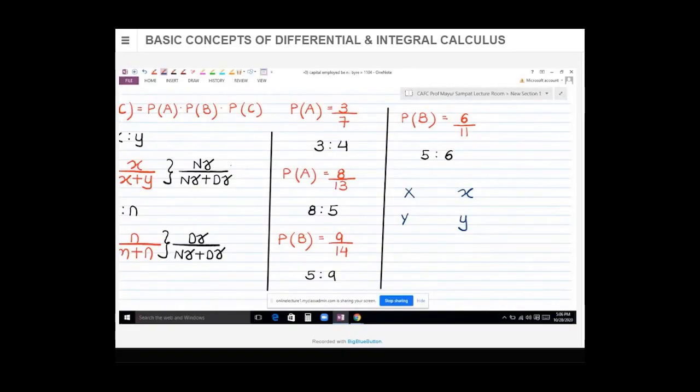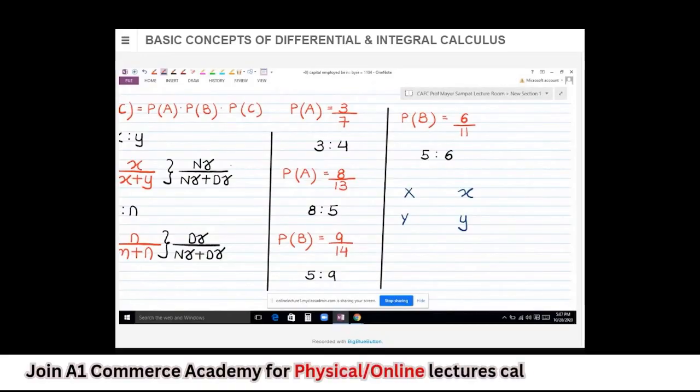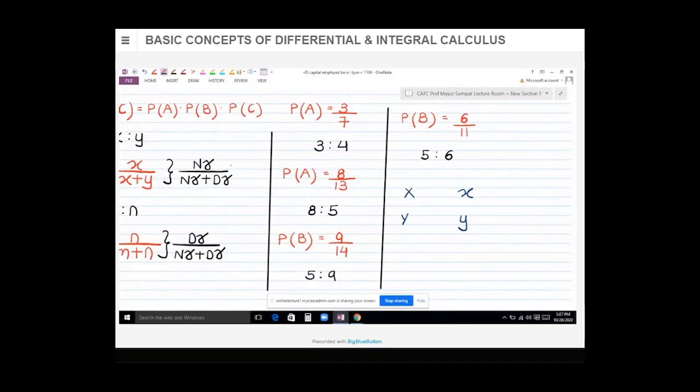Continuous random variable means a variable which can take any of the values without any restriction. That means a variable which can take values even in decimal points is called a continuous random variable.